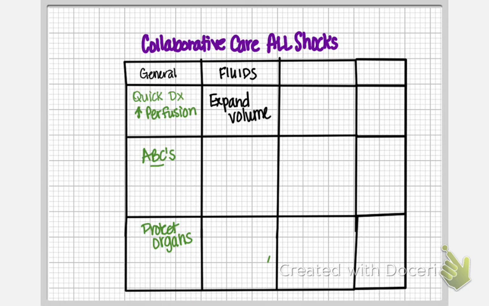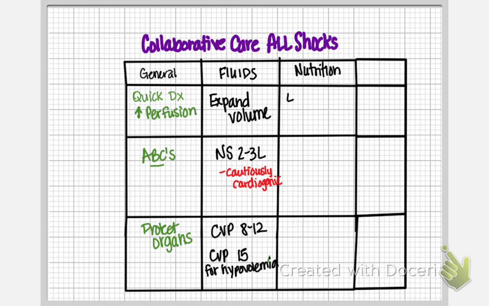And then fluids, like I said, normal saline is a good one for all of them except cardiogenic. You have to be careful with cardiogenic. Often they will give 2 to 3 liters, because we're trying to see, are they going to respond to the fluids, or do we need to go ahead with the pressors?